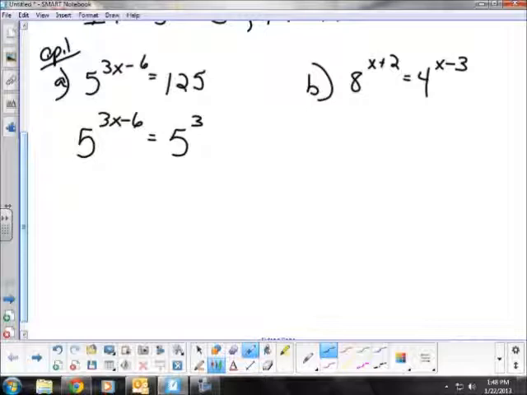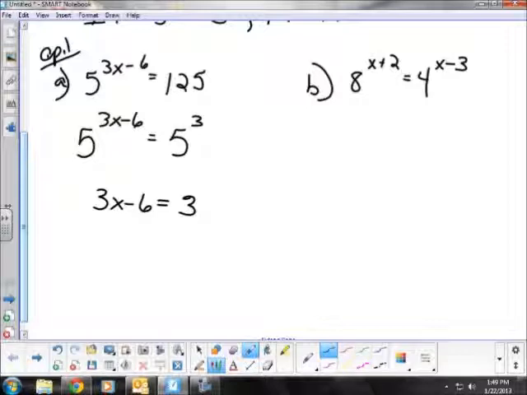The exponents are equal. So I can take this equation and say, okay, this is a true statement if and only if 3x minus 6 is equal to 3. It's the only way it works, right? Same bases, so my exponents have to be the same for this to be a true statement.